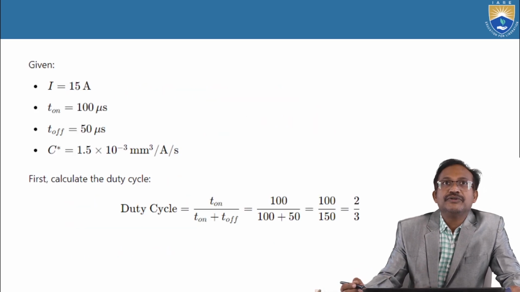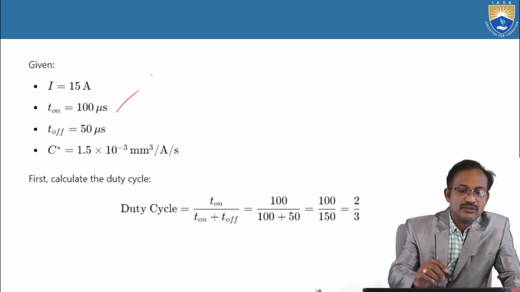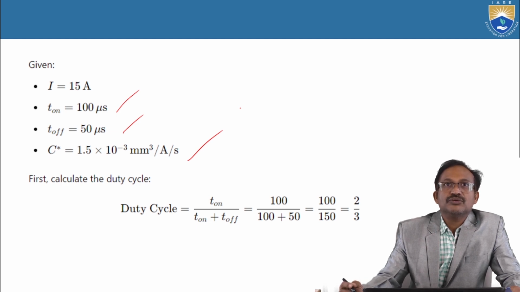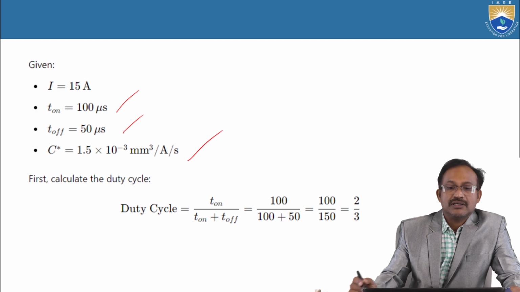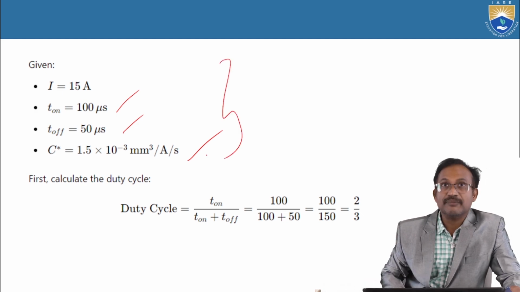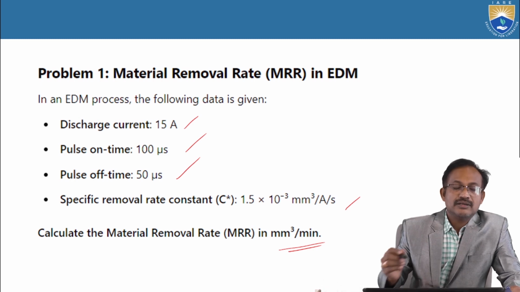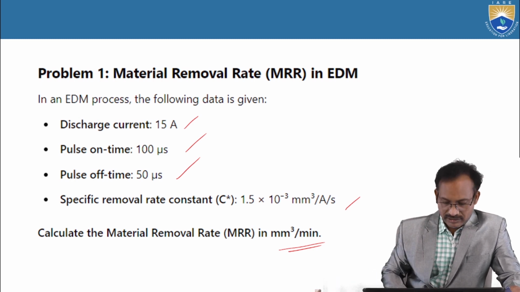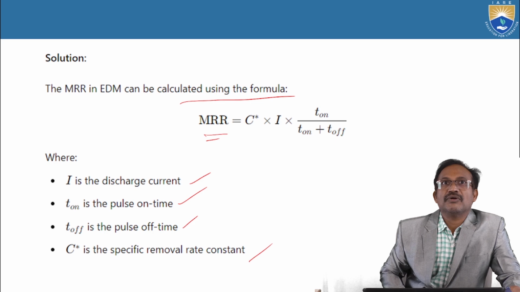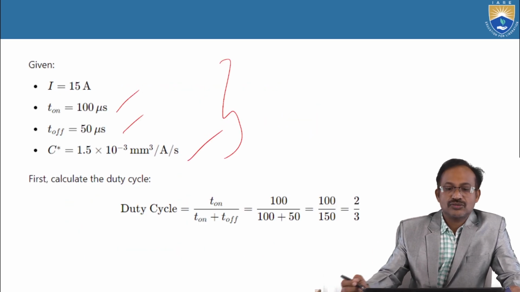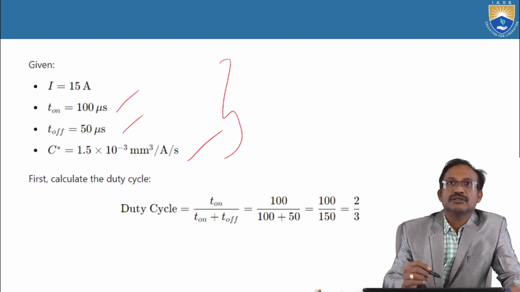So I equals 15 amperes, T_on equals 100 microseconds, T_off equals 50 microseconds, and C* is given as 1.5 × 10^-3 cubic meters per ampere per second. So this is the given data from the problem. Every data is given, so we need to just substitute in this formula.